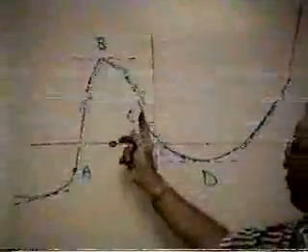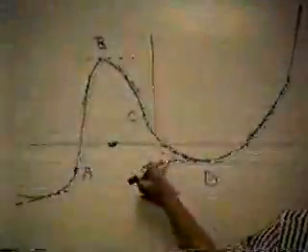We check on both sides. If it's a negative slope on that side and a positive slope on that side, in other words, the first derivative for this x value right here is negative, and for this x value is positive, therefore this is a minimum. What would happen on a point like this? On this side you get a negative slope, and on this side you get a negative slope. It does not change sign. Therefore, this critical value is not a maximum or minimum.